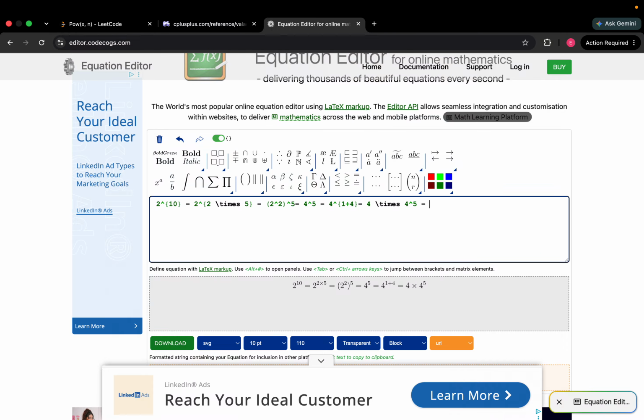Okay, and then we keep continuing to divide by 4 here. It should be 4 times, it should be 4.